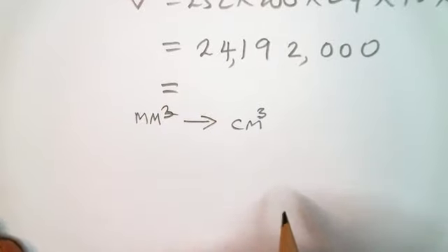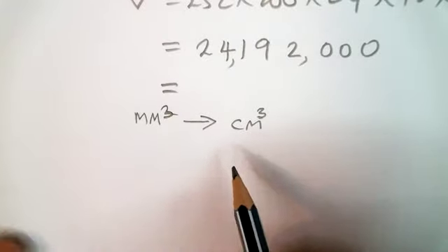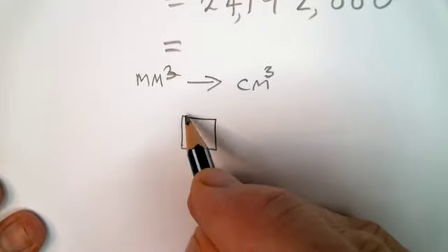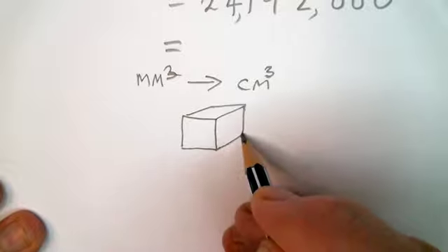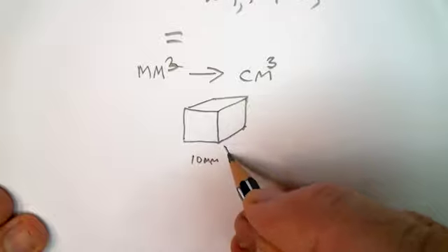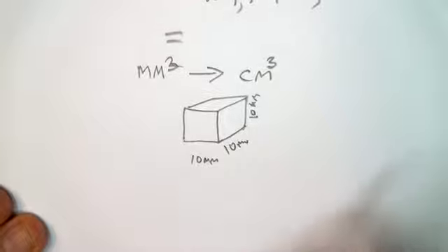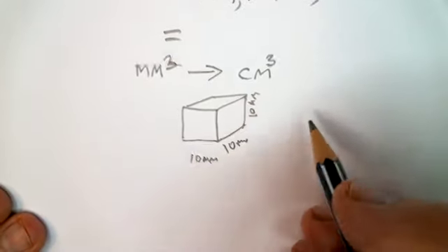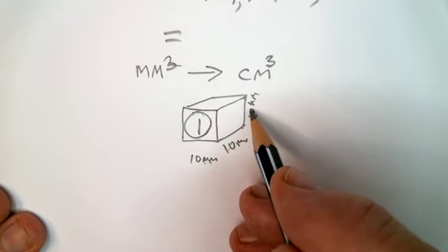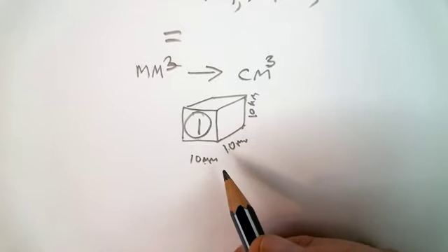If you take, for example, a cubic centimeter, roughly something like this, you're going to have 10 mil along here, 10 mil along here, and 10 mil along here. So 10 times 10 times 10 is 1,000 cubic millimeters.